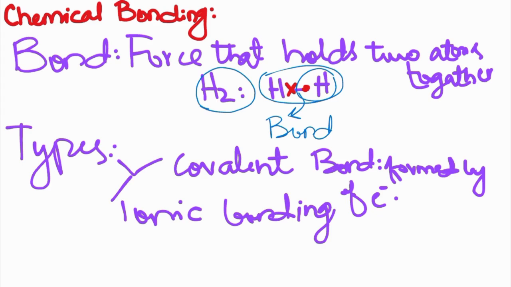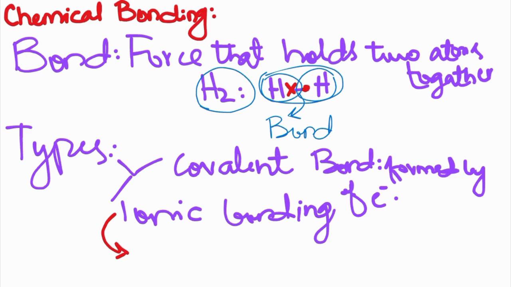One electron, represented by the dot, belongs to one hydrogen atom, and the other electron, represented by the cross, belongs to the other hydrogen. So this type of bond is the covalent bond. In the molecule of hydrogen, the bond between the two hydrogen atoms is a covalent bond.